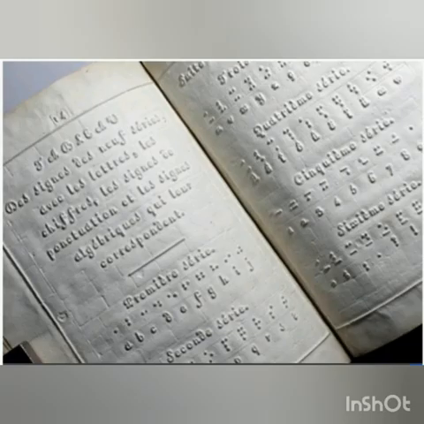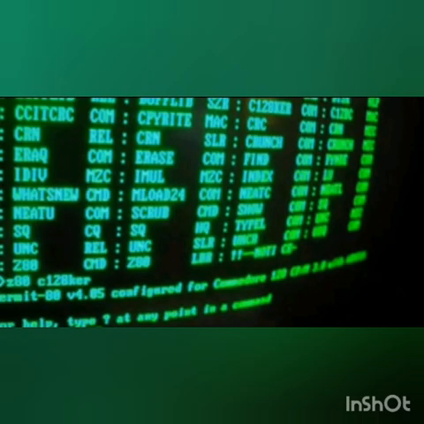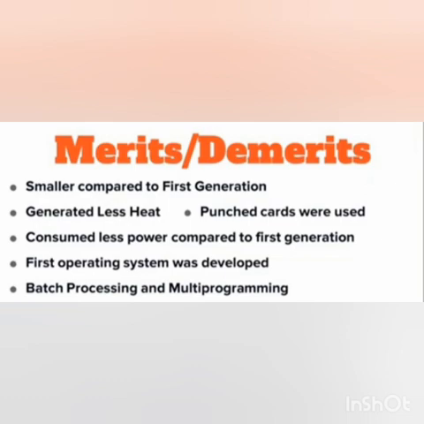And the fifth one is that the first operating system was developed. An operating system is nothing but something that helps the computer to initiate processes. It helps to start the computer. They used two concepts. One is batch processing. Processing is something we are going to process.